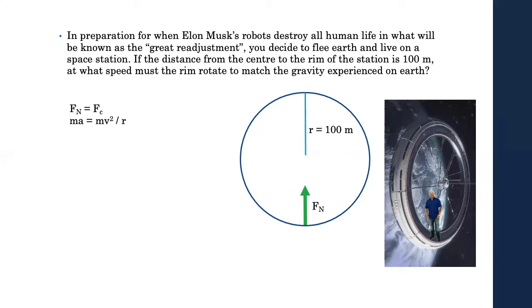So we can say that your mass times the acceleration that we would normally feel on Earth, which we know is 9.8, is equal to your mass times your speed squared divided by the radius of curvature. So plug in 9.8, plug in the radius, the mass is irrelevant, it cancels out. You're left with another algebra problem. And if your thumbs don't slip, you should get 31.3 meters per second.